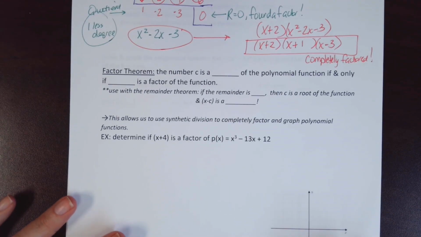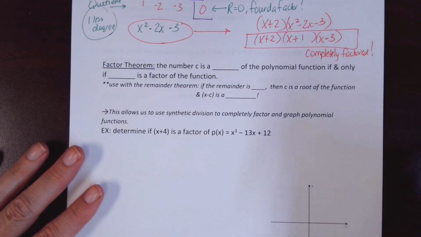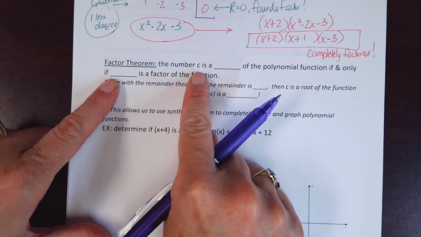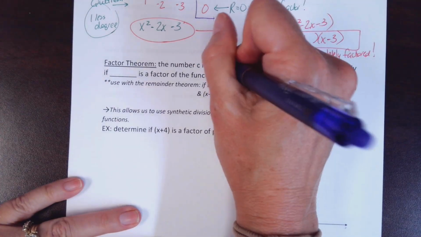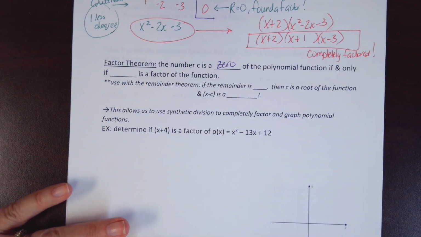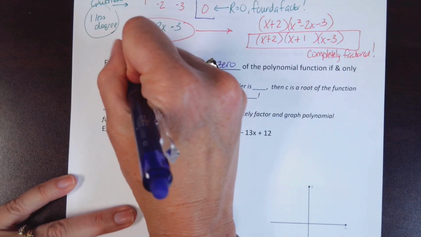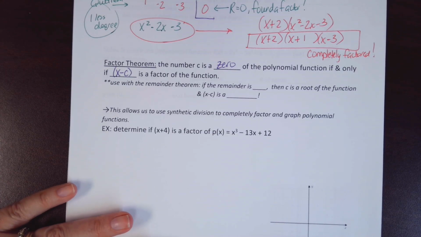That's what we're doing this for. That's why we're doing our division. Factor theorem. Here we go. This is one of those important theorems that I told you we're going to have. The number c is a 0 or a root or an x-intercept of my polynomial function if and only if that expression x minus c is a factor of the function.